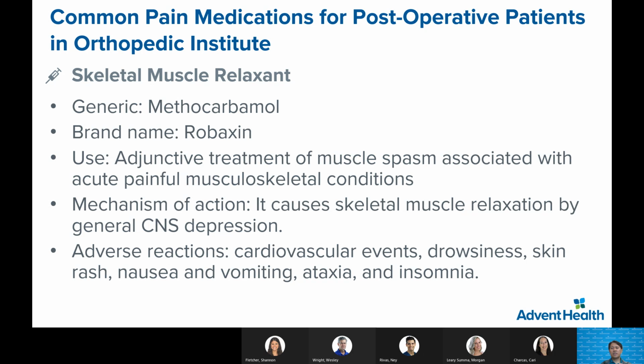The generic name is methocarbamol. The brand name that we use here is Robaxin. It is used, as I said, as an adjunct treatment for pain through the relaxation of muscle spasms. Adverse reactions are cardiovascular events, drowsiness, skin rash, nausea and vomiting, ataxia, and insomnia.